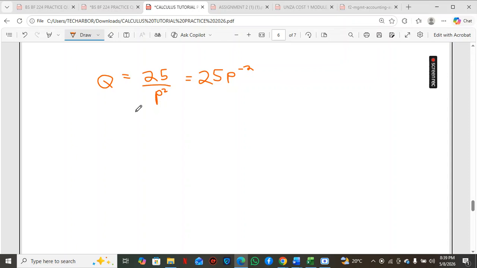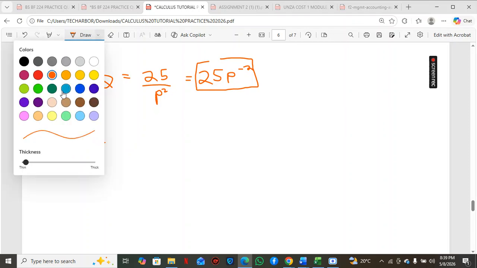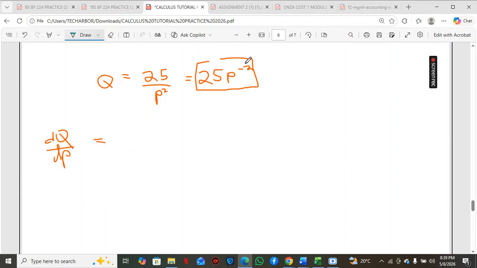All right. Now remember, with point elasticity of demand, we said it's dQ over dP times the price over the quantity. So this is what we're going to derive, colleagues. So remember, this is how you derive using differentiation. You are going to multiply the exponent or the power, this negative 2, with the number in front of the letter.